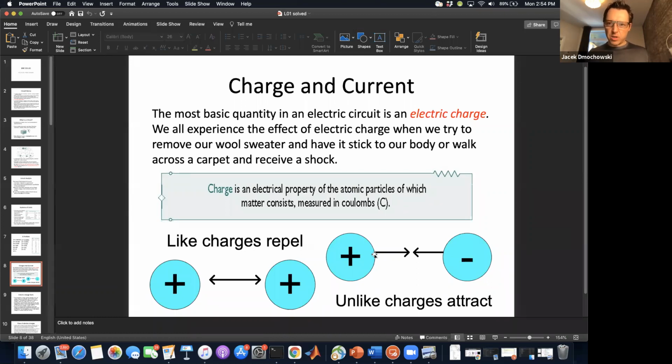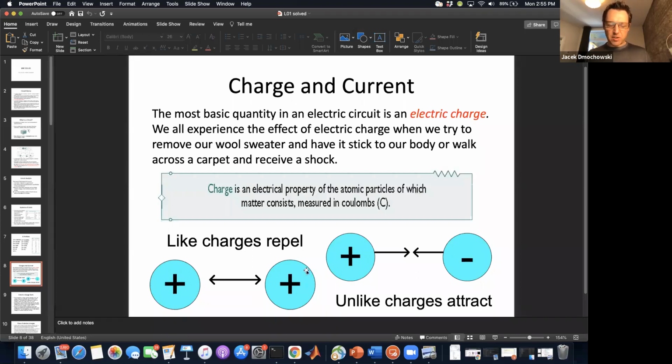If I let go, they will again be attracted to one another and move towards each other. And so to me, voltage is the act of pulling apart unlike charges, or the act of squishing together two like charges, right?